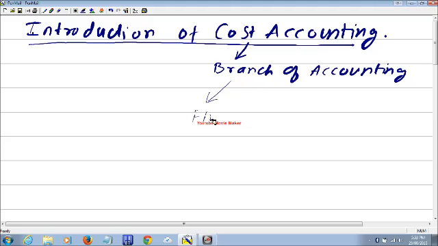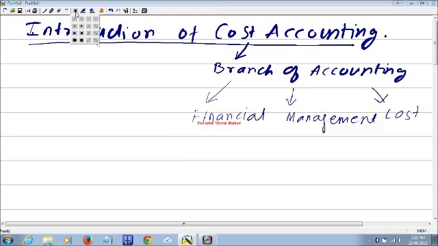There are three major branches. One is financial accounting, another is management accounting, and third is cost accounting.